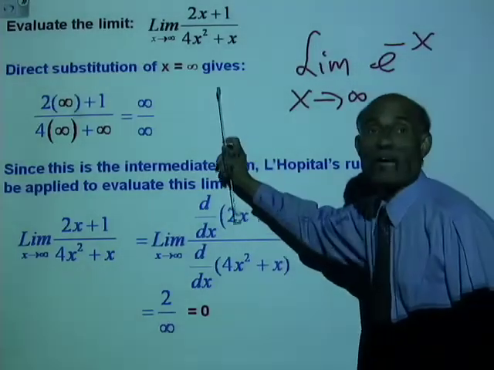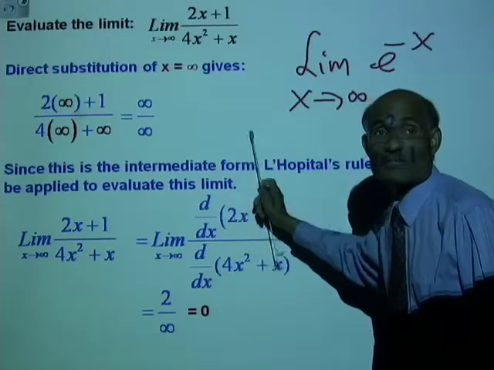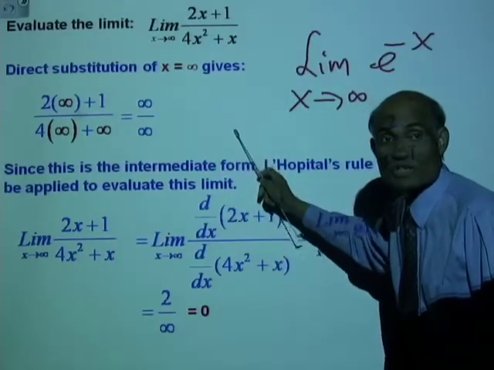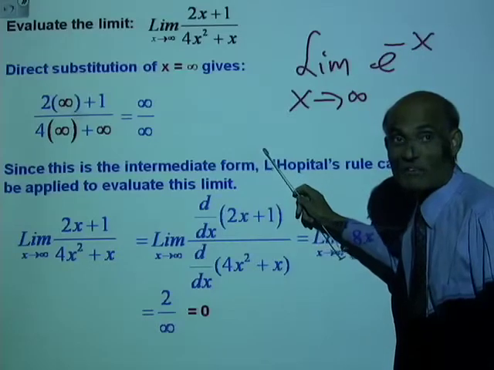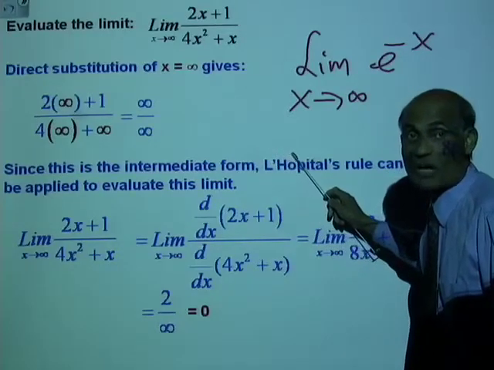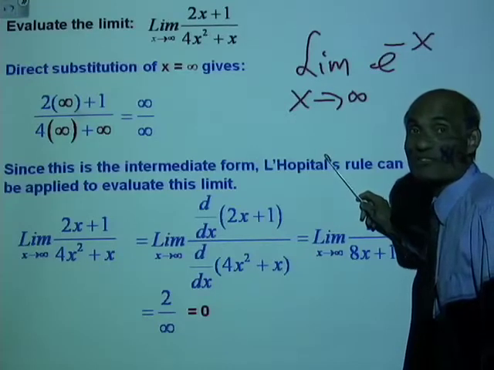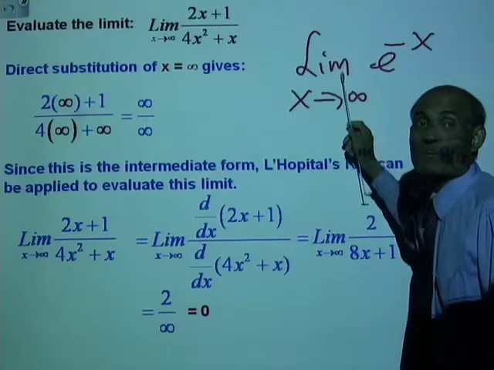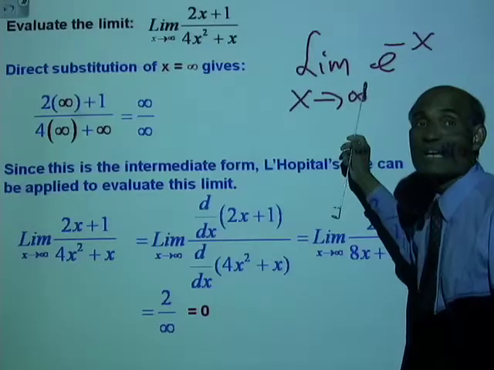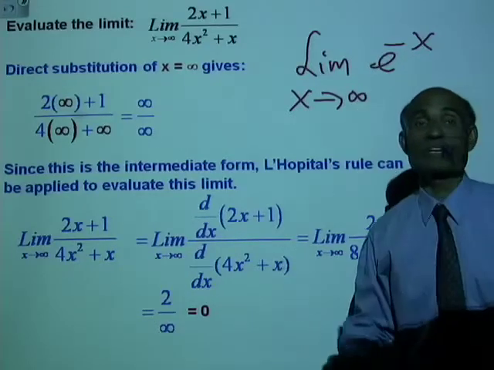If you know the graph, e to the power of negative x is an exponential decay graph, and as x goes to infinity, the graph will asymptotically approach the x-axis. That is the meaning: limit x approaches infinity of e to the power of negative x is 0.